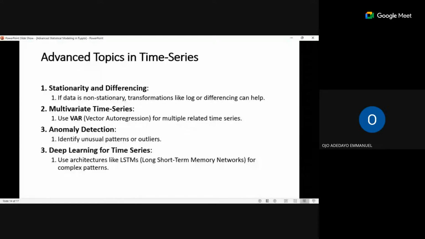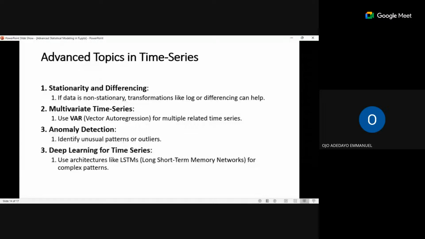Another one is what we call multivariate time series. From the one, multiple. So when you have more than one variable in time series, how do you handle that? We normally use what we call vector autoregression for multiple related time series.